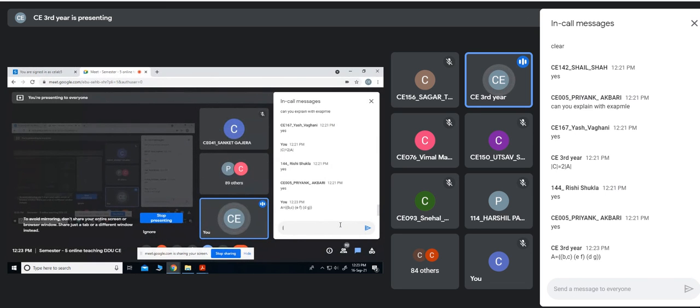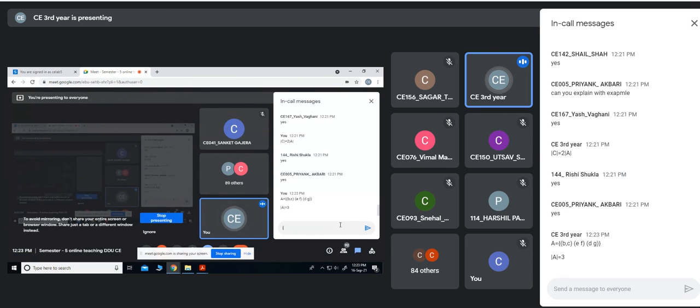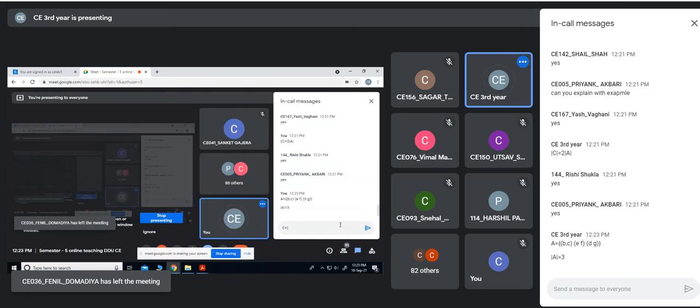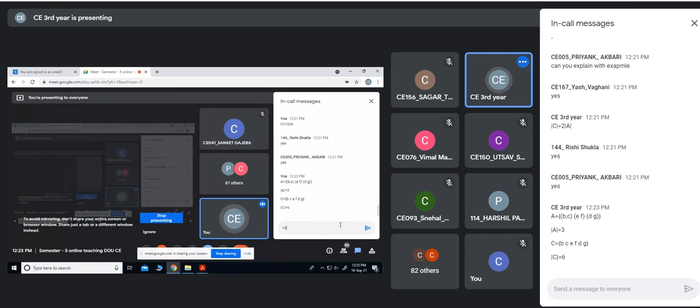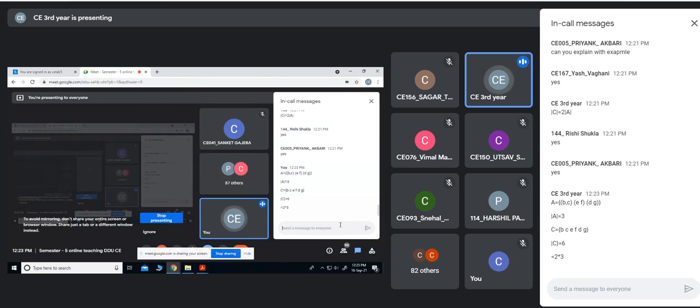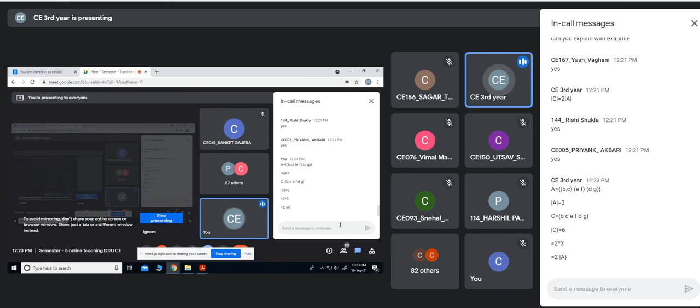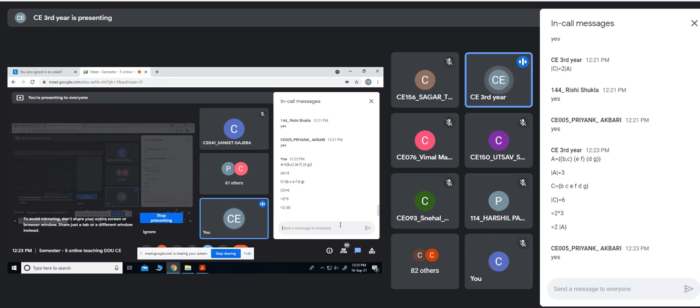So the size of A is 3, and C is all the vertices B, C, E, F, D, G. So the size of C is 6, which is 2 times 3, which is 2 times the size of A. Is everybody clear now? Rishi, Priyank, yes?